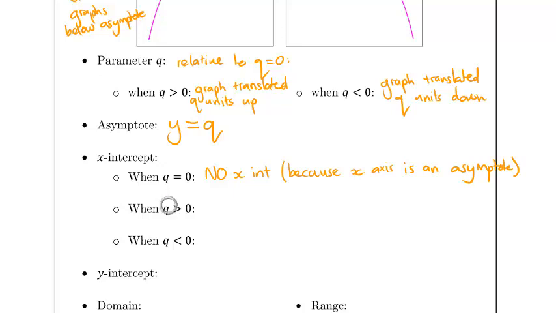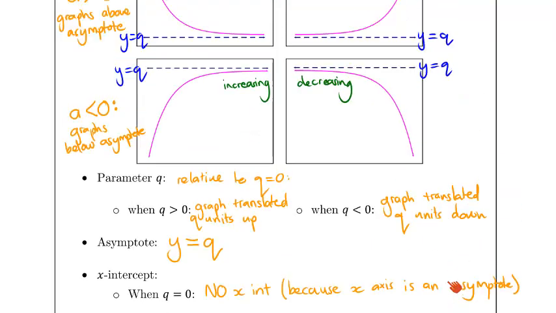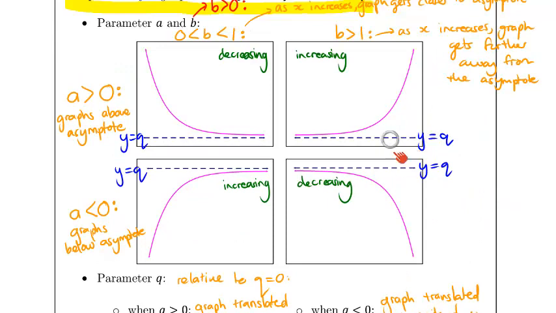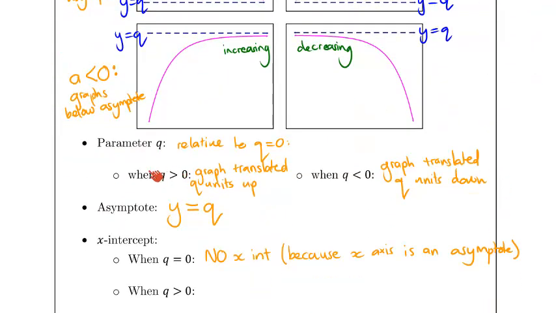However, when q is greater than 0, the graph is shifted which way, guys? It's shifted up q units. Think about it. When q is greater than 0, the graph was translated q units up.